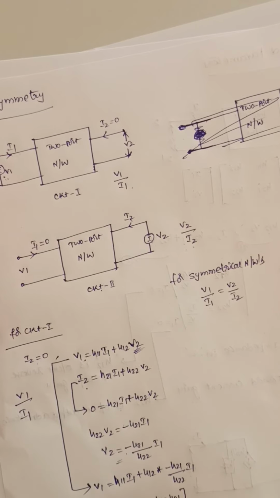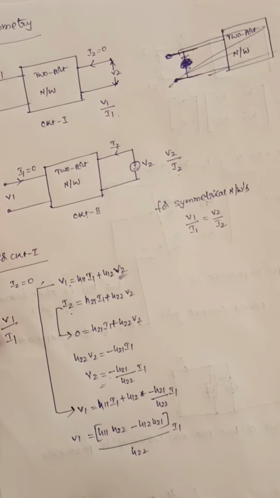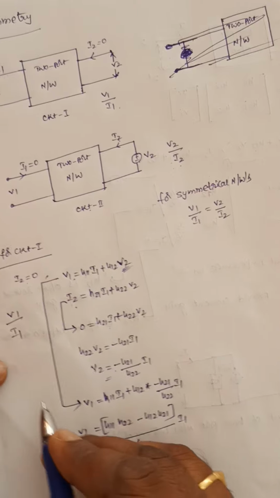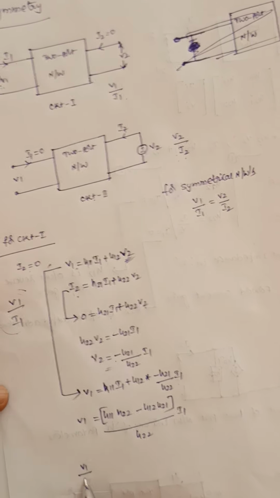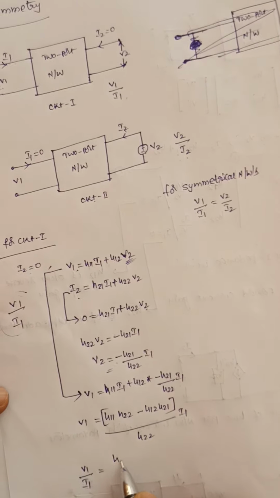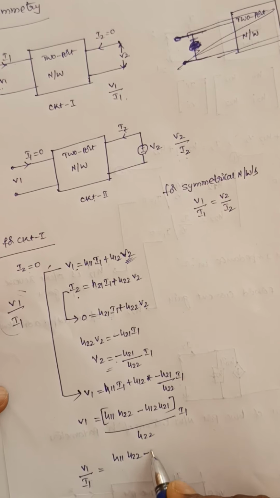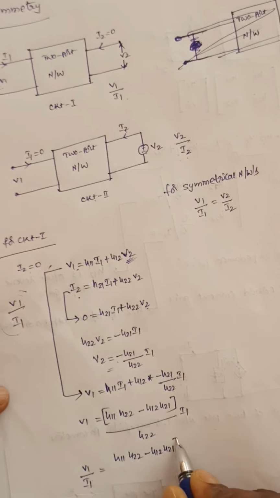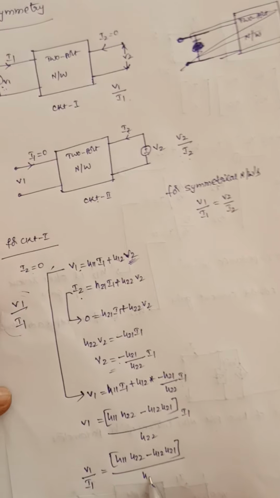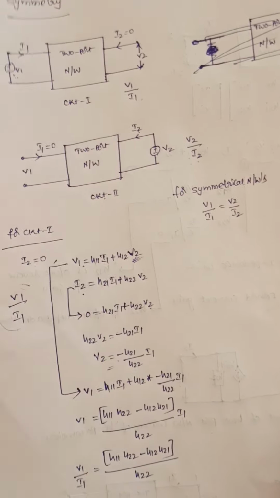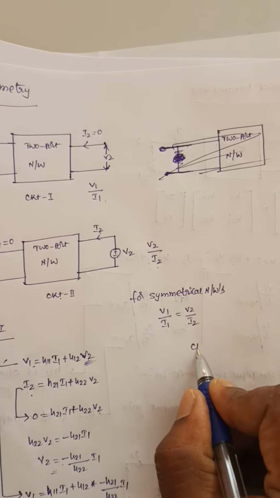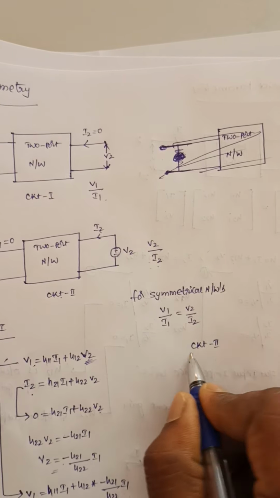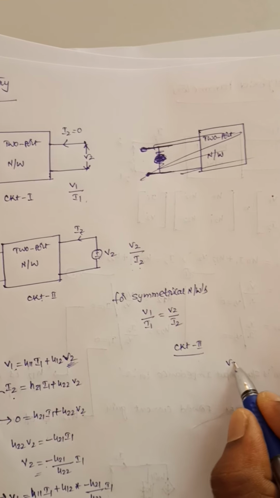If I take I1 as common here, this is the thing here. Now my intention is to find this V1 by I1. So this is V1 divided by I1 is equal to H11 H22 minus H12 H21 divided by H22. Now coming to this circuit 2, for this circuit 2, I need to find V2 by I2.